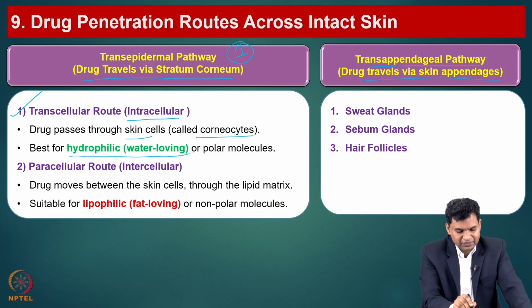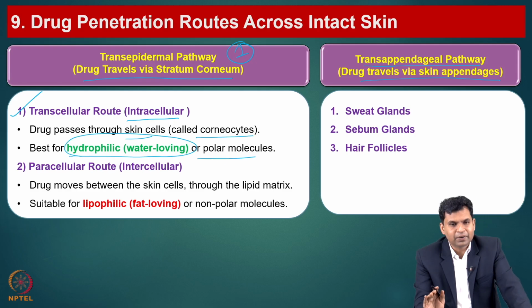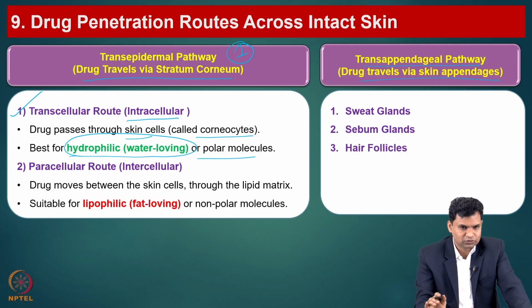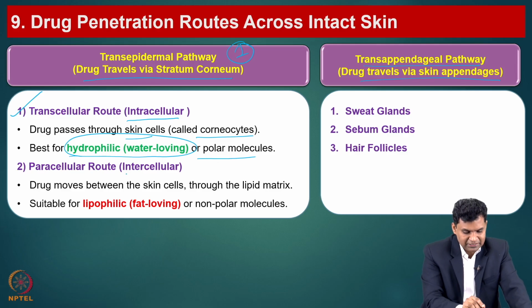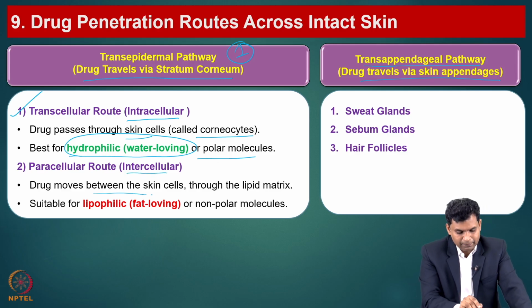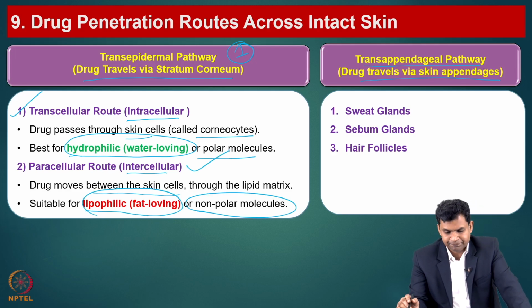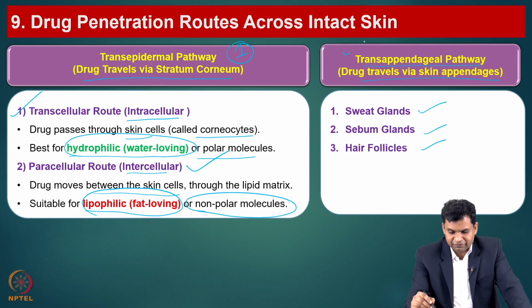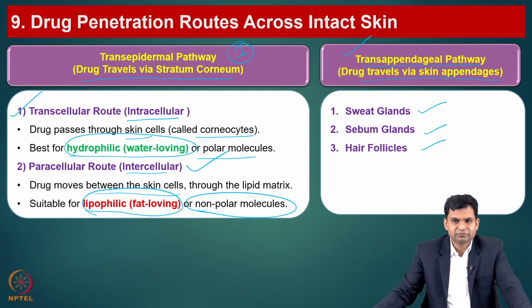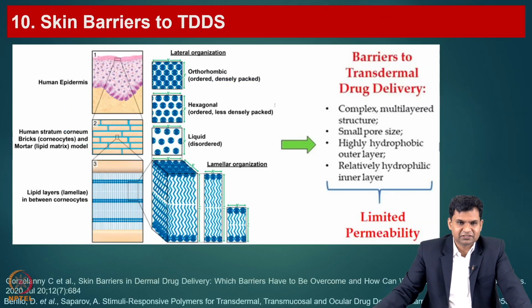Only hydrophilic drugs can pass through the transcellular route, whereas the paracellular or intercellular route passes between the cells, and the lipophilic or fat-loving molecules can follow the intercellular mechanism. In case of transappendageal, we have the glands and the hair follicles that follow the third mechanism, that is the transappendageal pathway.